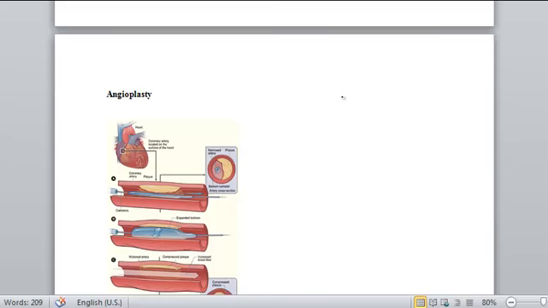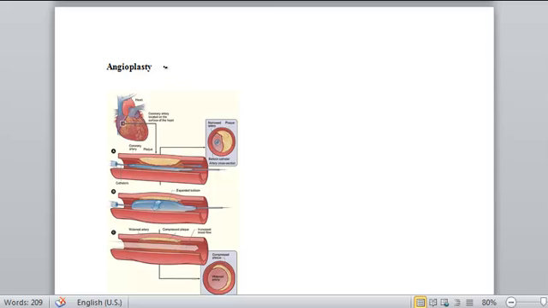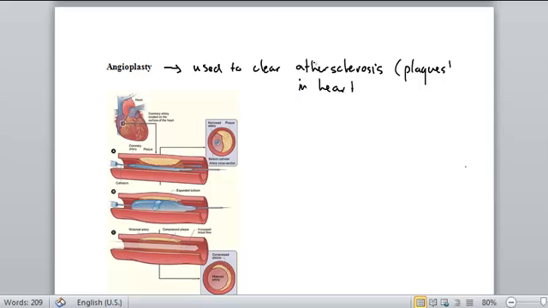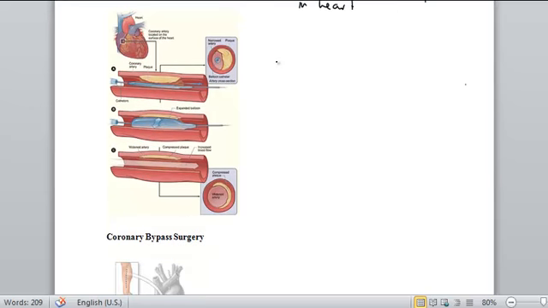Now, one of the ways we fix these blockages to our heart is called angioplasty. It's not necessarily always to our heart, but it's most commonly used to clear atherosclerosis or plaques in the heart. What they usually do is they go in through a major vessel in your leg and trace all the way up to the heart with a very, very fine wire that has a balloon attached and a camera attached.